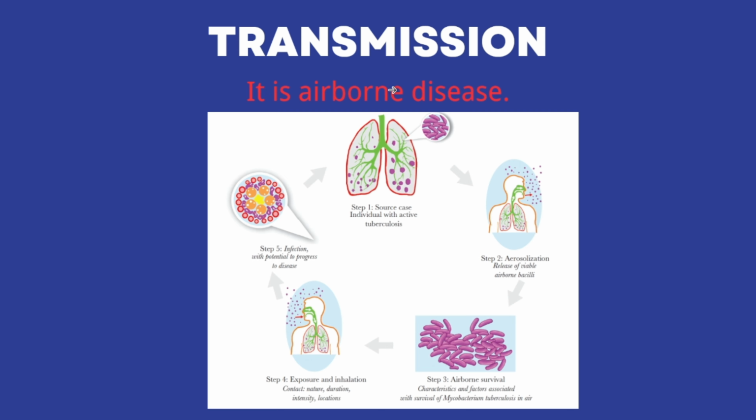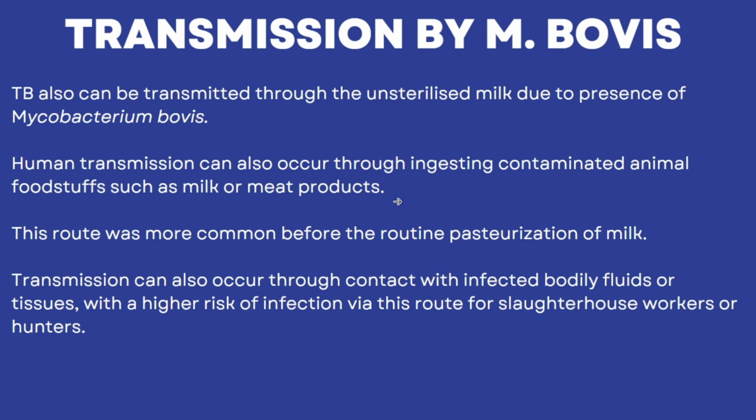Totally similar to COVID-19. Normally this disease occurs in schools, public transport, workplaces, healthcare facilities, prisons, and also mining areas, because all these areas are highly crowded. So yeah, this is the transmission.